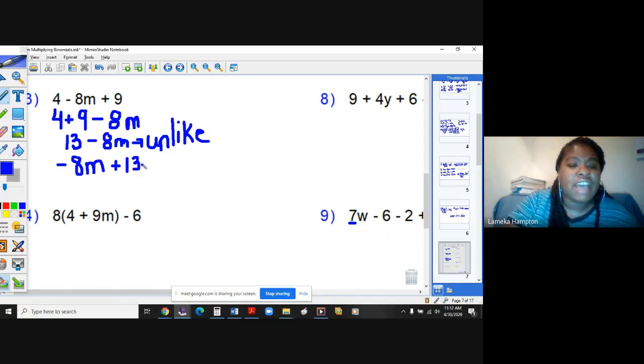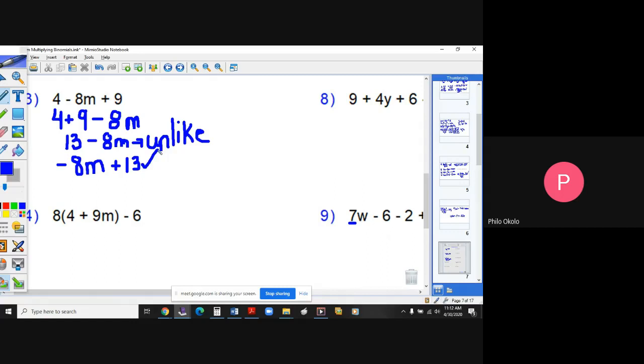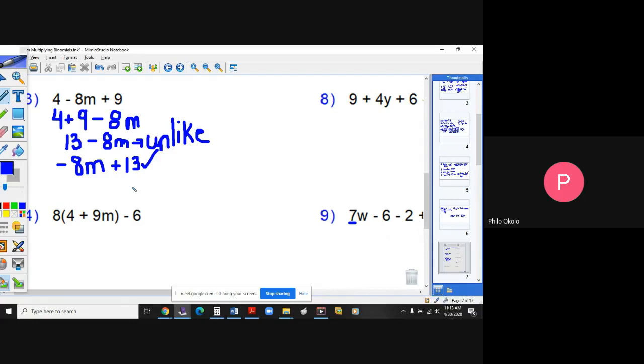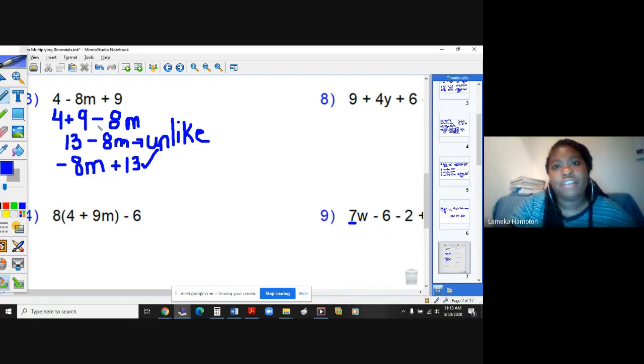Yes, ma'am. This is actually the correct way to write it if we can be technical about it. But either way is okay for right now. But you want to get in the habit of writing your expressions with your letters first. If that makes sense. So either way is fine. Well, that was a good question. And I'll explain why it is important for you to write your term with the letter first, and then the number by itself.